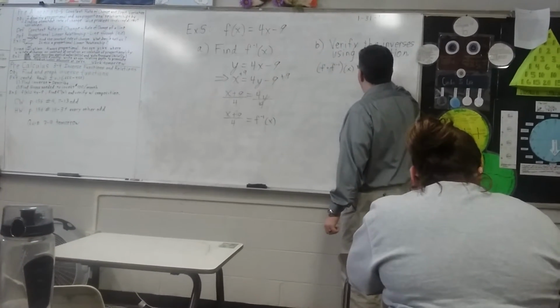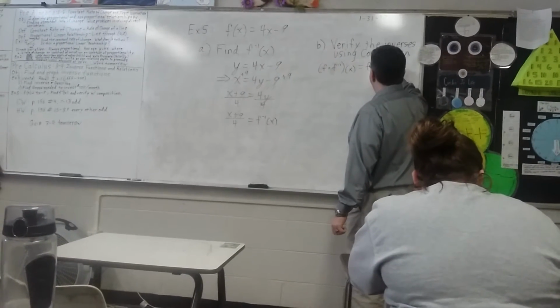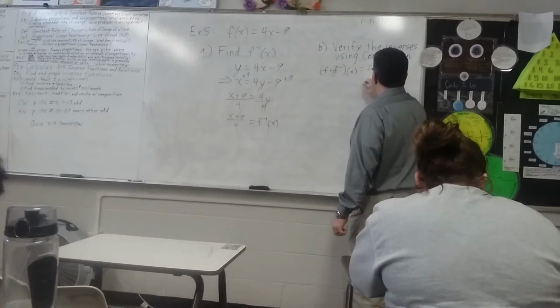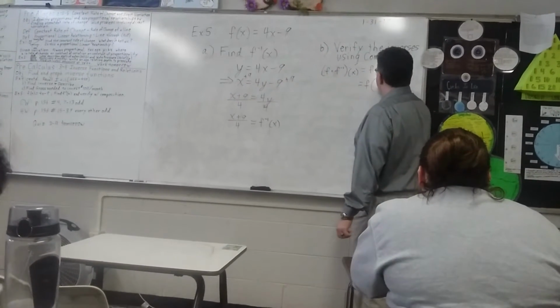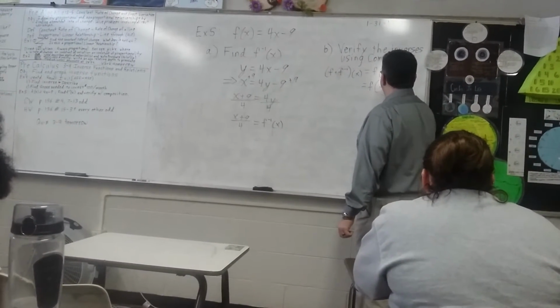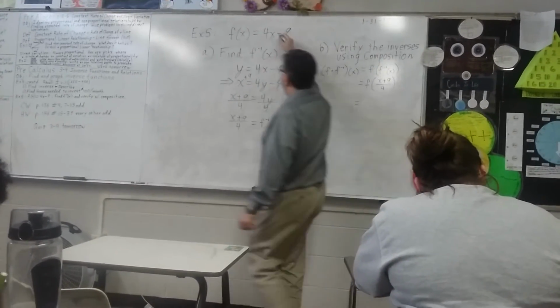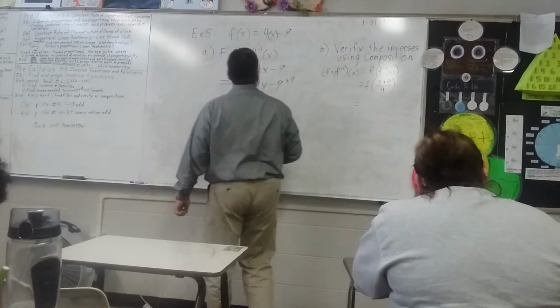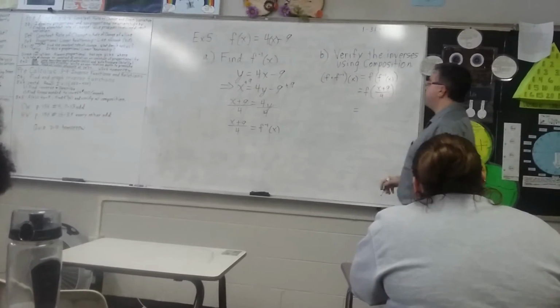That will be f of f inverse of x, which would be f of x plus 9 all over 4. So go to f, find every instance of x in f, and replace it with x plus 9 all over 4.